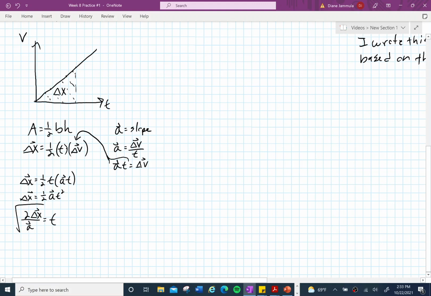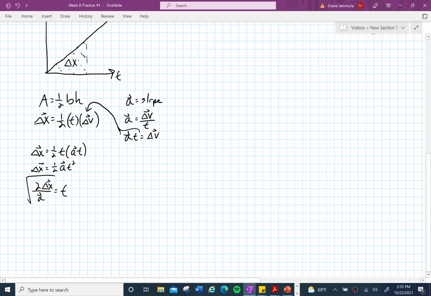Okay, now I can figure out for how long this apple fell. So let me put some of the numbers in. The displacement of the apple was 0.5 meters. The acceleration of the apple was 9.8 meters per second squared. That's the time.